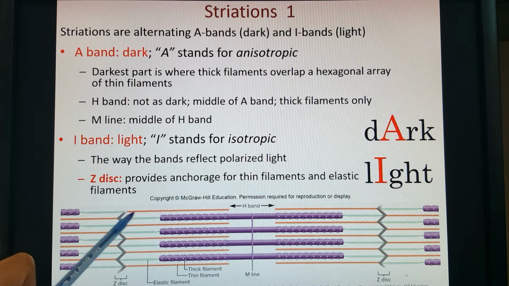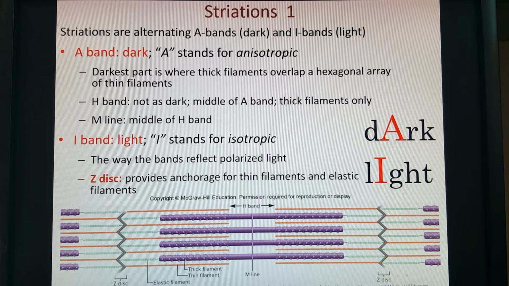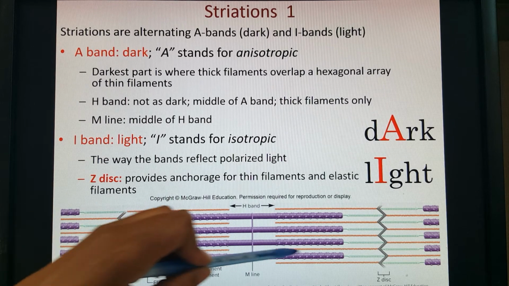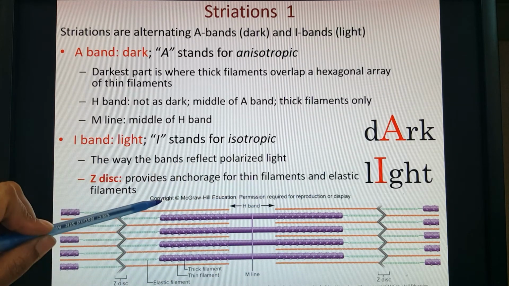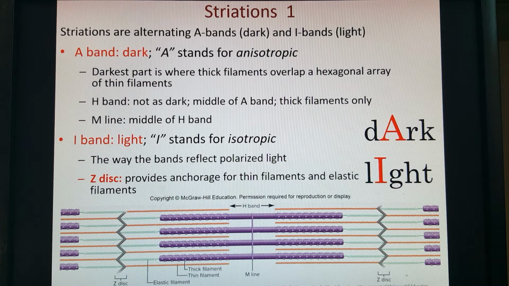These orange looking ones are the thin filaments. The striations of our skeletal muscle are caused by the overlap between these thick and thin filaments. Where the thick filaments overlap the thin filaments, that's our dark band. It's also called your A band.